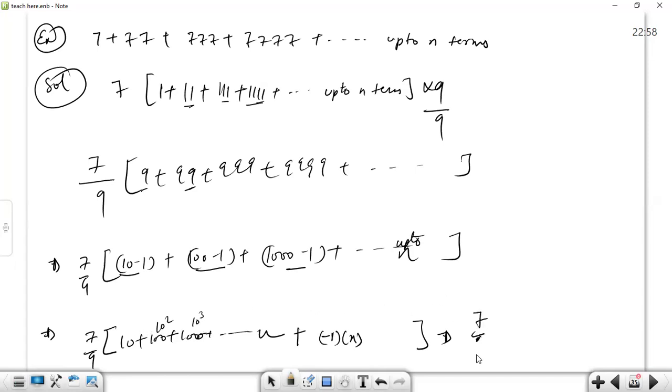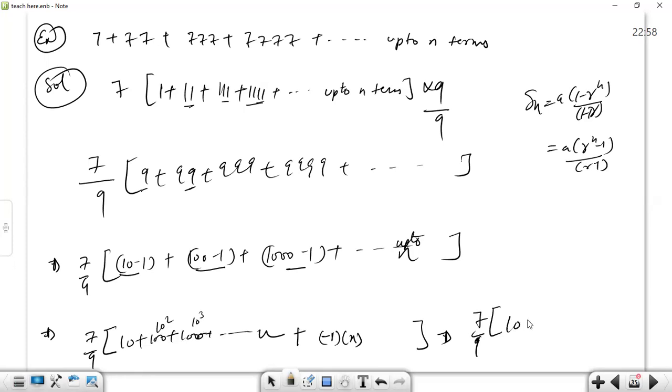So 7 by 9 times the GP having 10 as its first term, and also 10 as its common ratio. The formula for n terms is a into 1 minus r raised to power n upon 1 minus r when r is less than 1. Otherwise, a into r raised to power n minus 1 upon r minus 1 when r is greater than 1. R is here greater than 1 as it is 10.